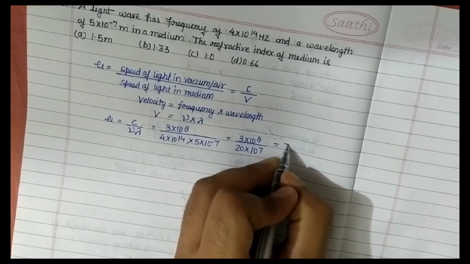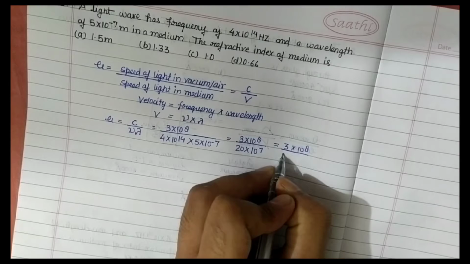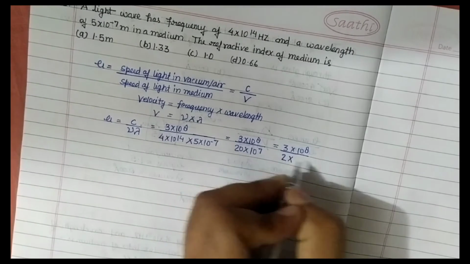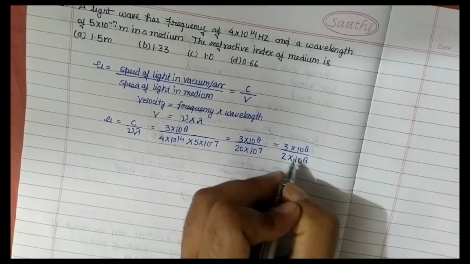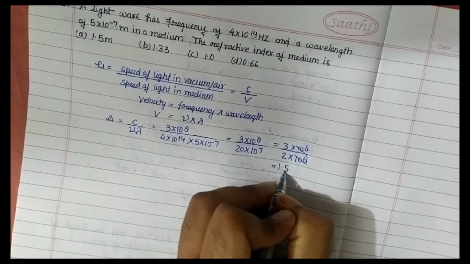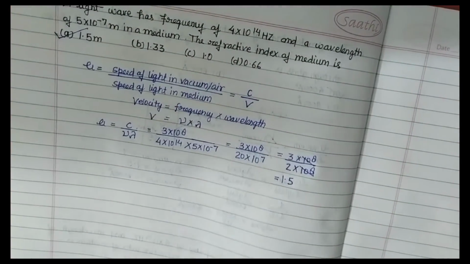So this we can write as 3 into 10 to power 8, and 20 we can write as 2 into 10. So 2 into 10 into 10 to power 7 will become 10 to power 8. So this will get cancelled out. This will come out as 1.5. So your answer A will be correct.